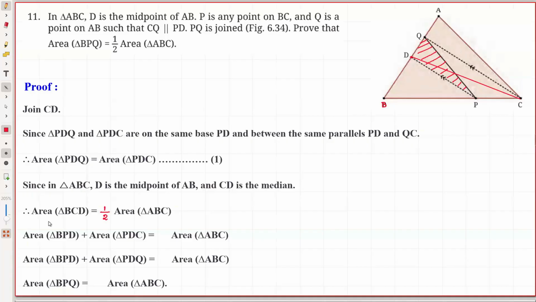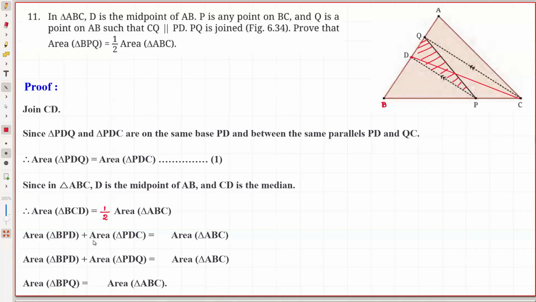So the big triangle BCD is divided into two triangles. Instead of the triangle BDC, we already proved that its area is equal to the area of triangle BDQ. That is from equation 1.